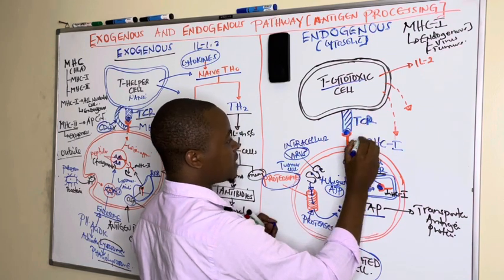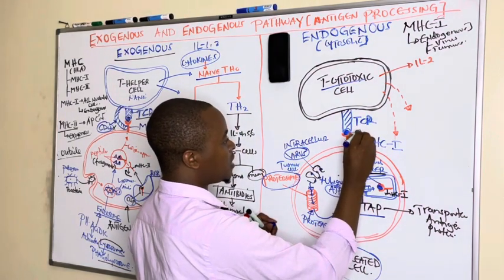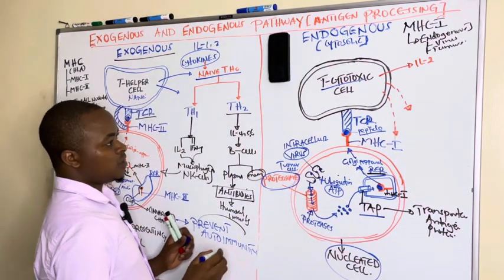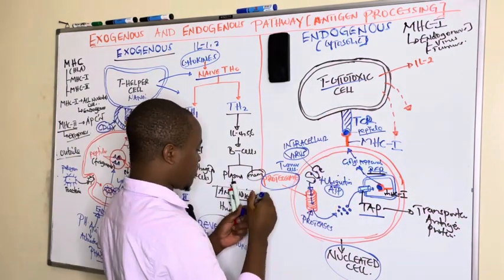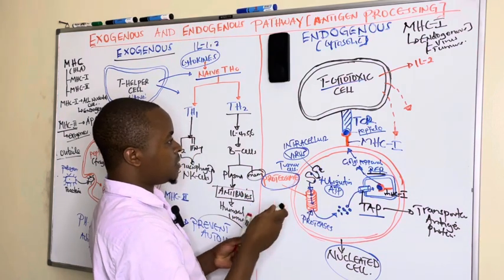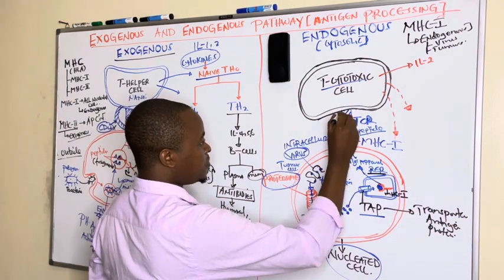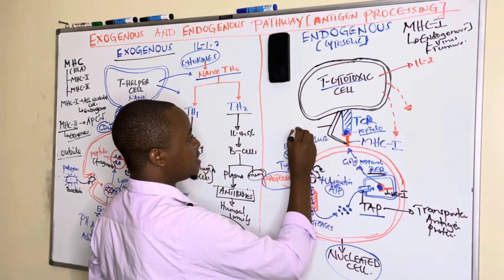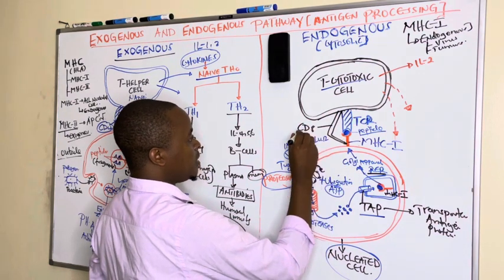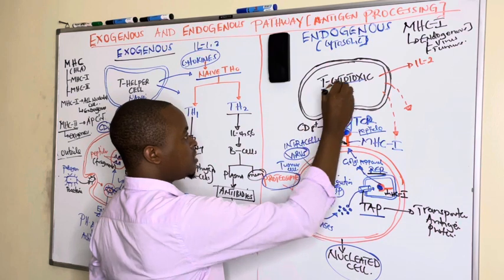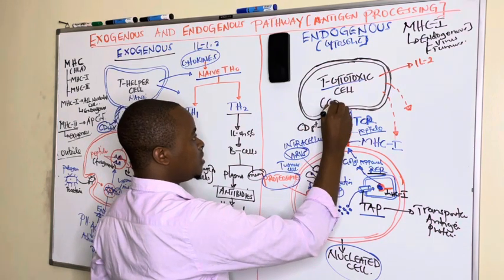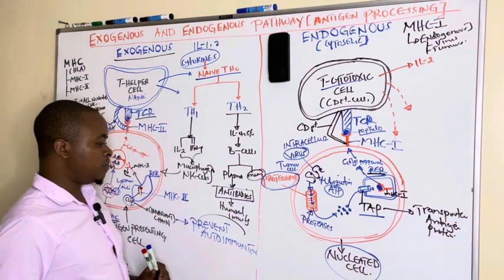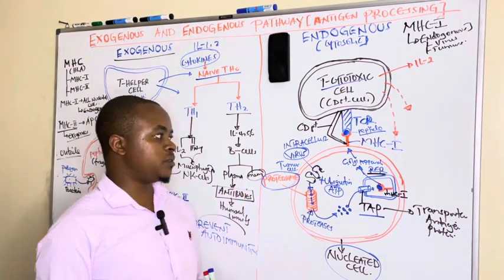After the T cell receptor binds the presented viral or tumor peptide, this binding is enhanced by a CD8 positive arm. That is why we call T cytotoxic cells CD8 positive cells, because they have the CD8 arm, which acts as a co-stimulator.